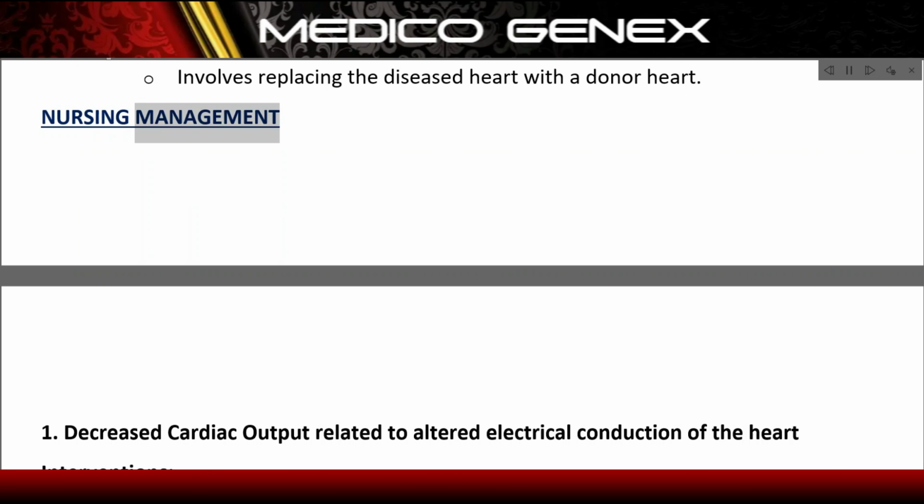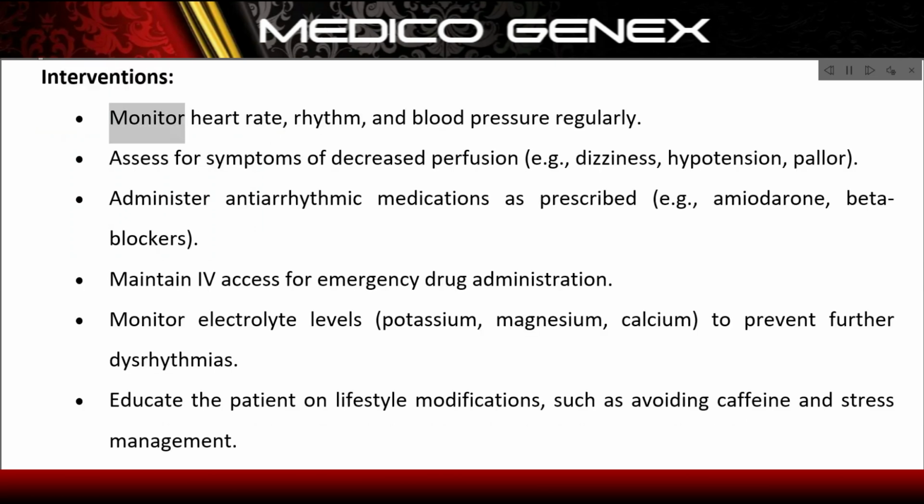Nursing management. 1. Decreased cardiac output related to altered electrical conduction of the heart. Interventions. Monitor heart rate, rhythm, and blood pressure regularly. Assess for symptoms of decreased perfusion, for example dizziness, hypotension, pallor.